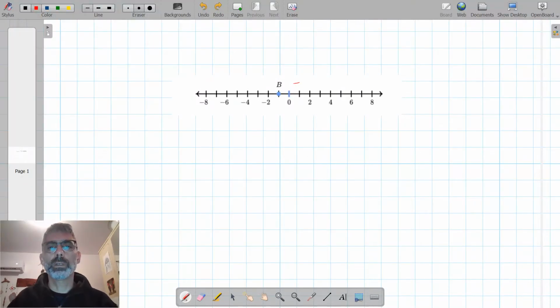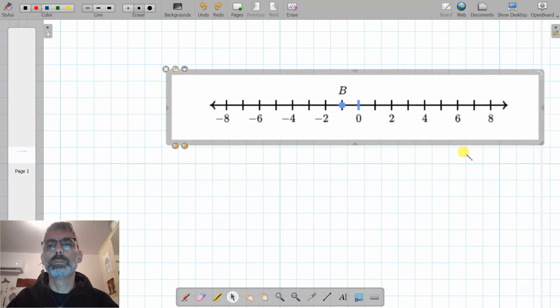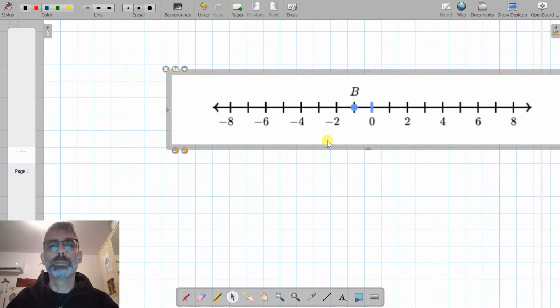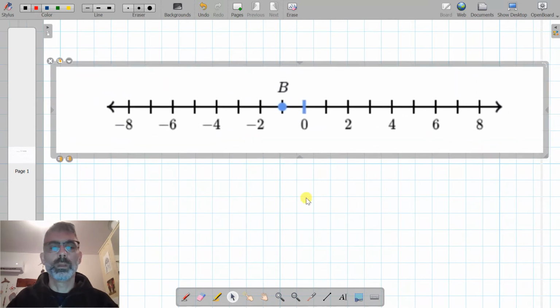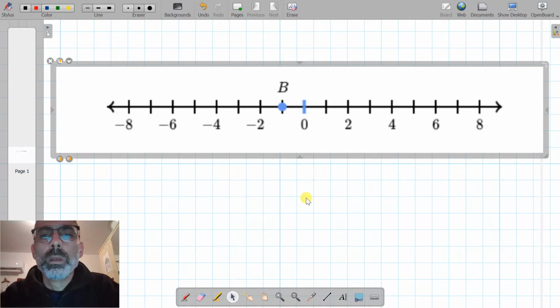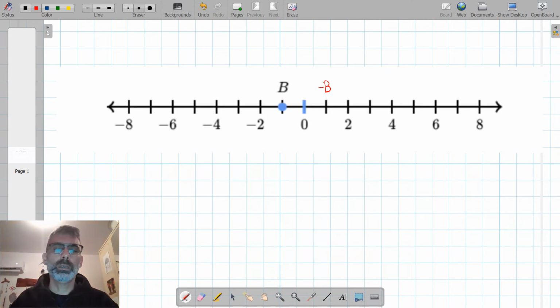Let me try something. Okay, so this point here is negative B, the opposite of B, because B, the original B, is negative, so the opposite of B is positive, is here.